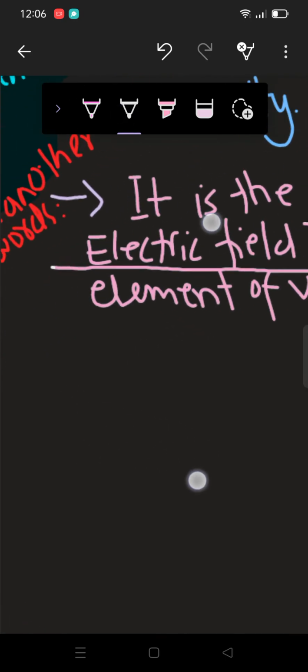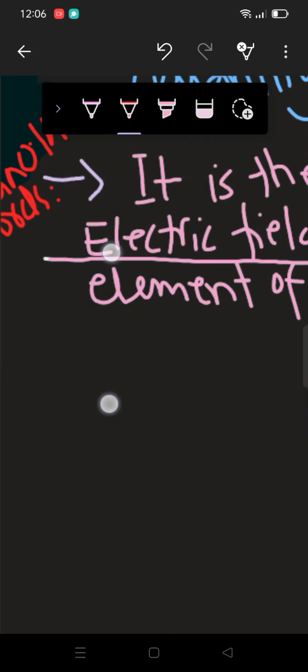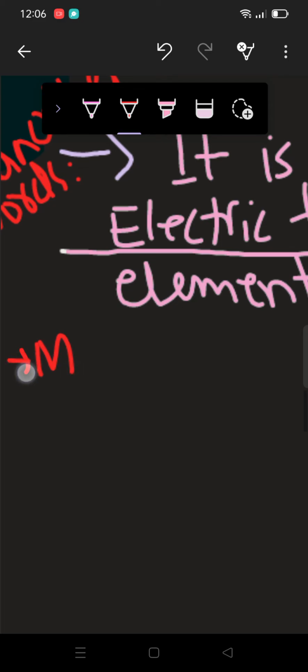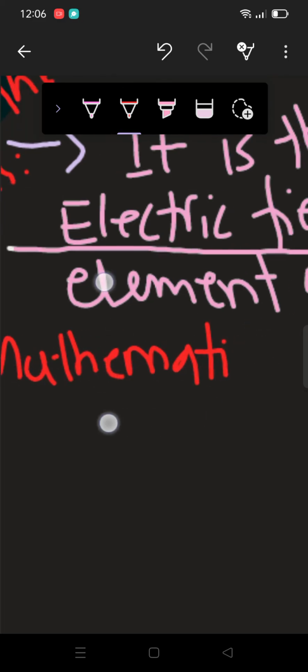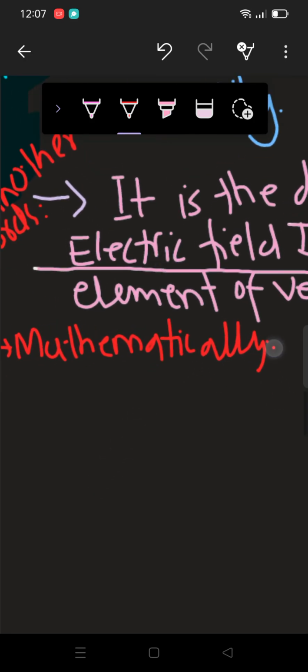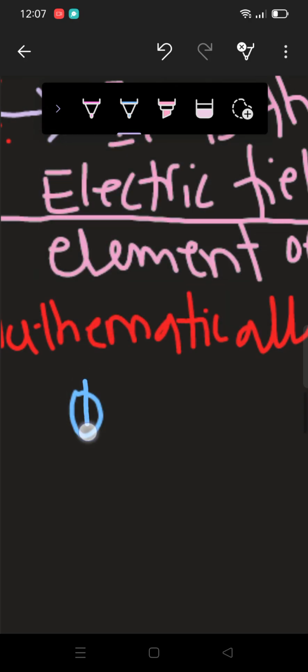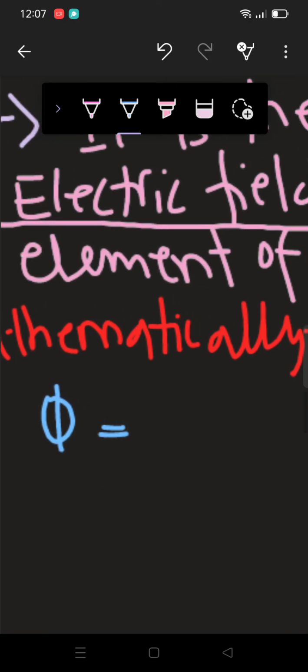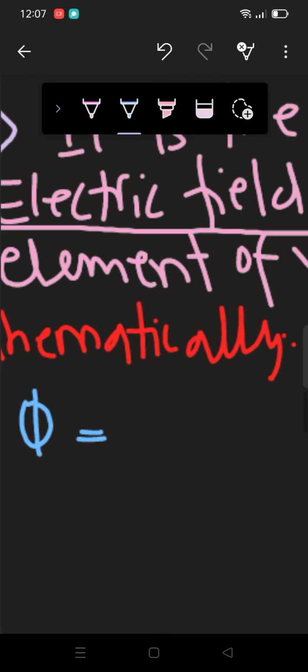If I write this in mathematical form, how can I write this? We know that the electric flux is denoted by phi. Phi is equal to the dot product of electric field intensity, which we have already discussed, was a vector quantity.